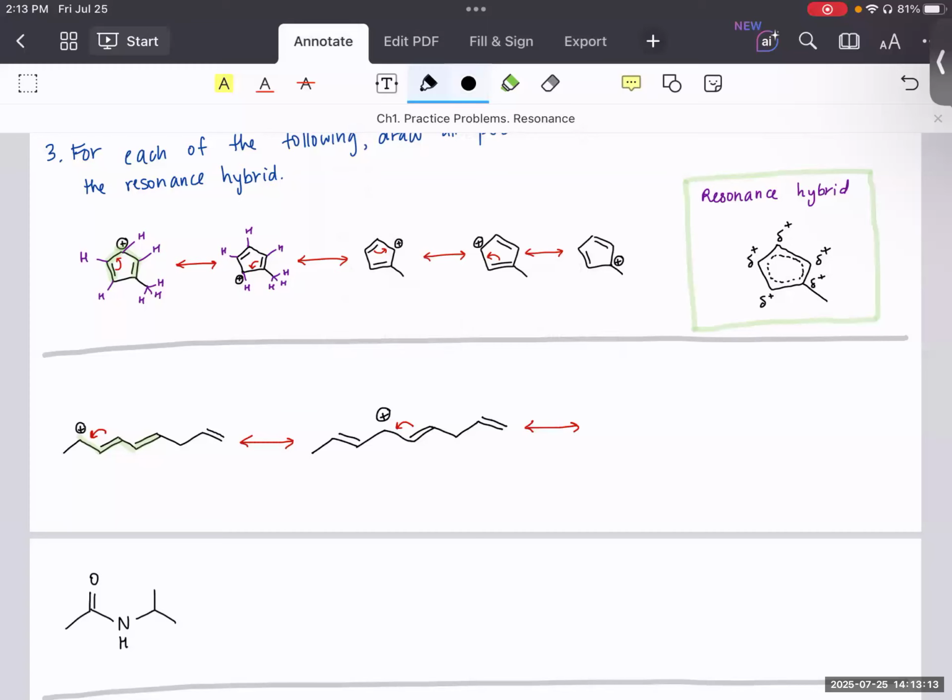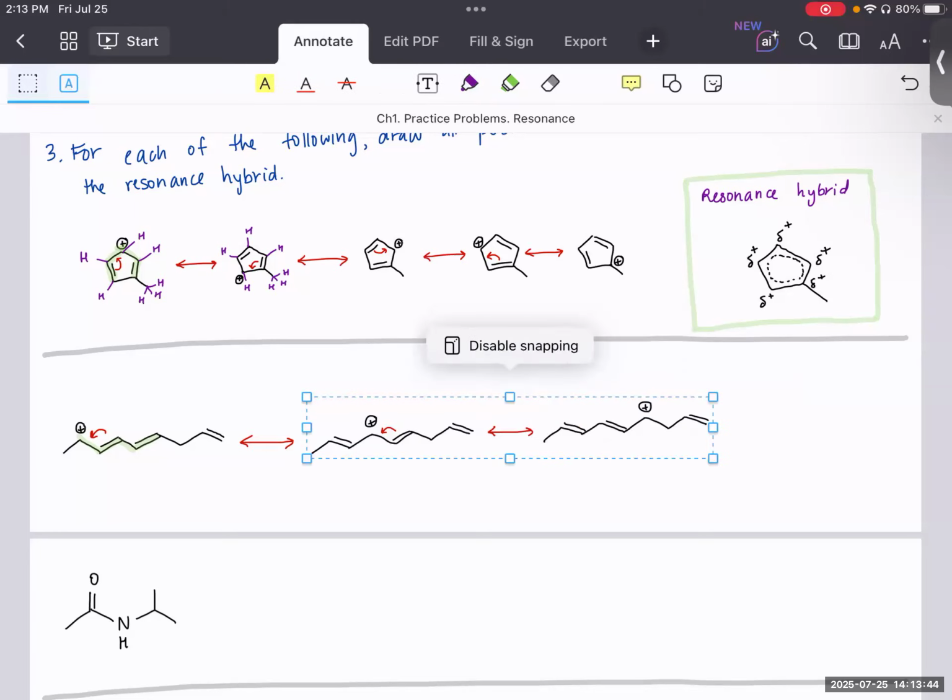And now in this final structure, we've reached the end of our conjugated system because this purple carbon right here interrupts the structures that we can draw. So we can't move this double bond on the end over because we have this sp3 hybridized carbon that's breaking up the system. And so from here, we're done with our entire system.